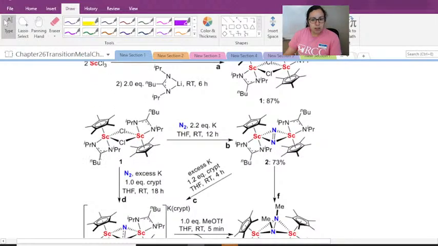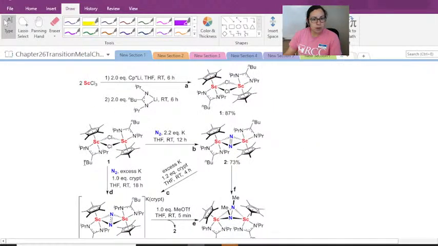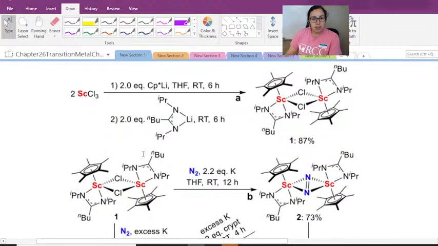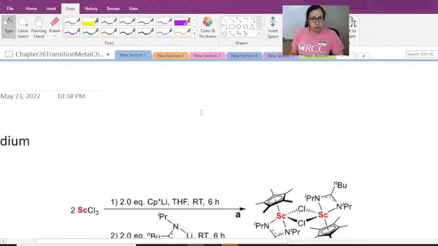And so these are pretty cool and relevant since they were found to activate nitrogen. So let's see what they did. So if you reduce it, and this is a trick that chemists use to capture these reduced species. And so this is Cp star lithium.